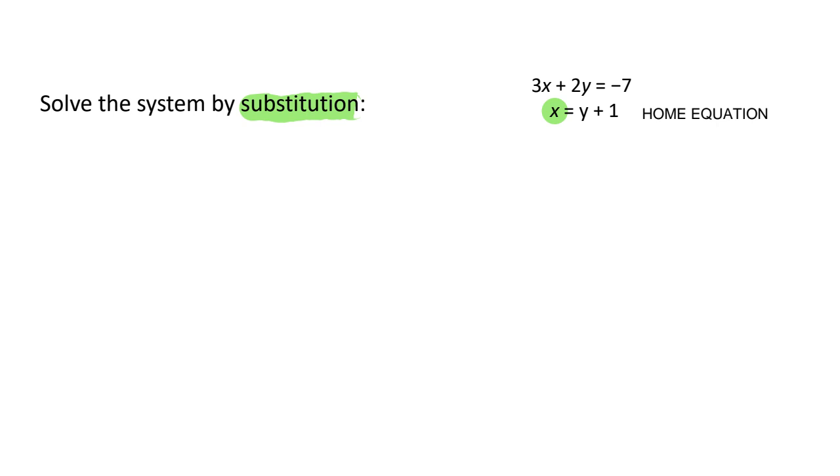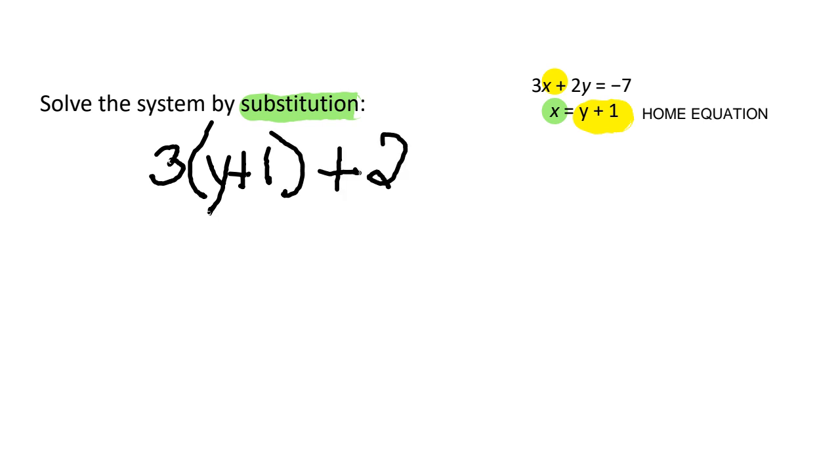Well, now, what am I going to do? I am going to take this y plus 1 and put it where x is in the first equation, which means I have 3 times y plus 1 plus 2y equals negative 7. I just substituted. My x was equal to y plus 1.